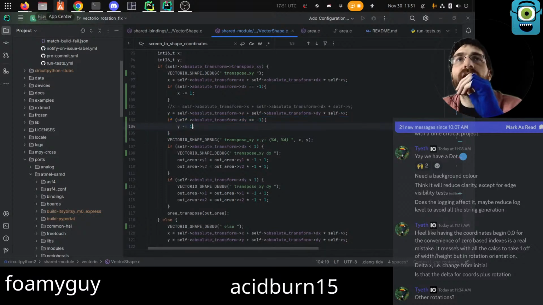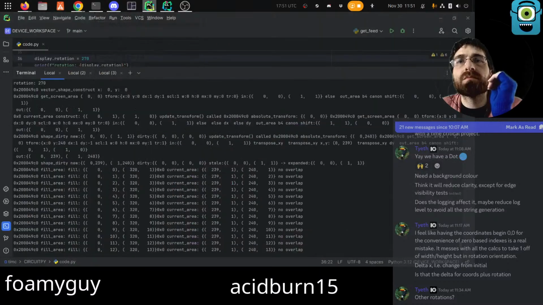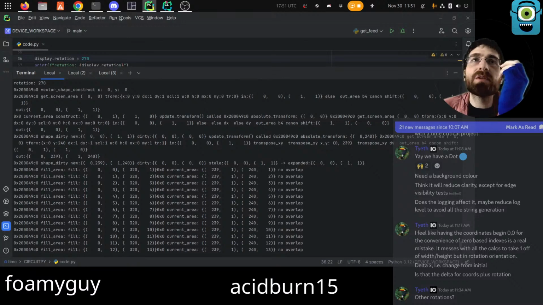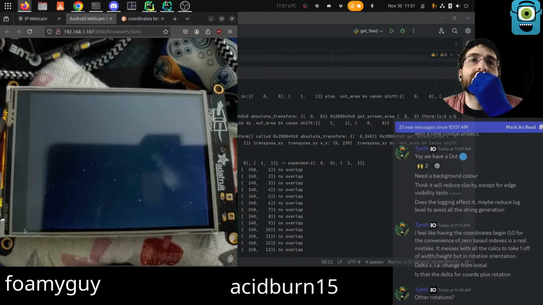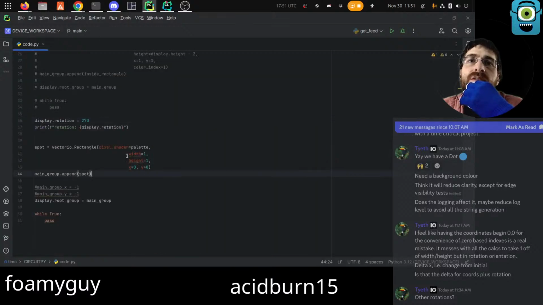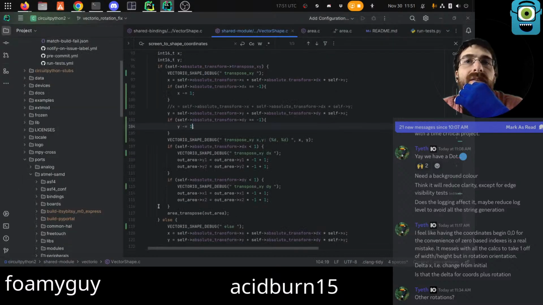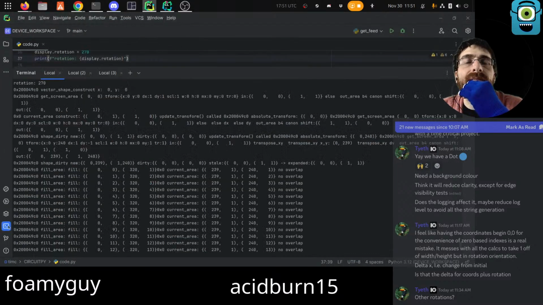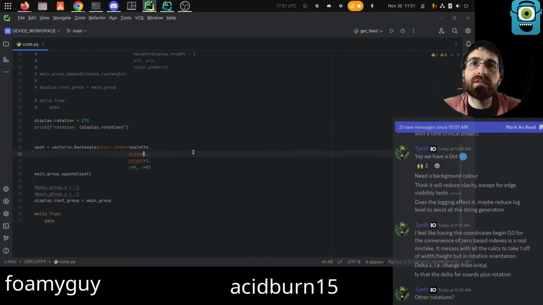But we would have done that this time. Those seem correct to me. On 0, 0 still. Rotation 270. So can we get it to draw? This was 2. Would we see it?